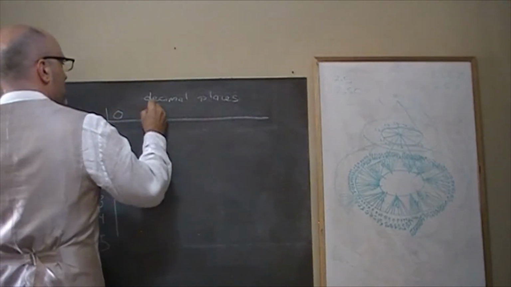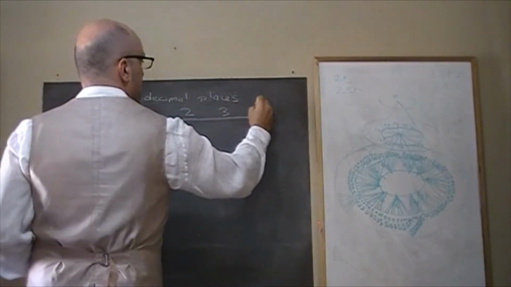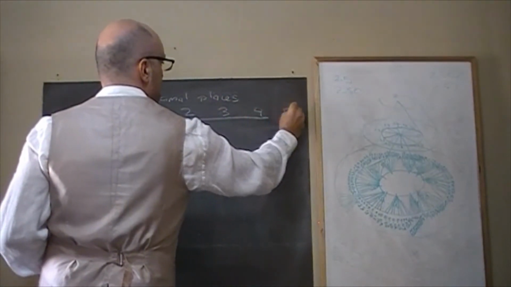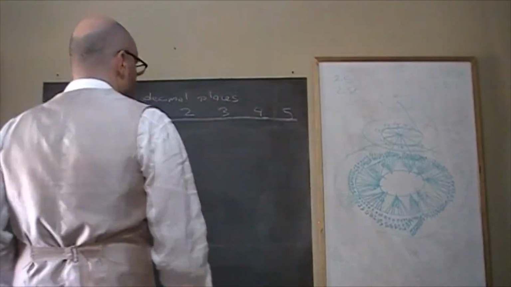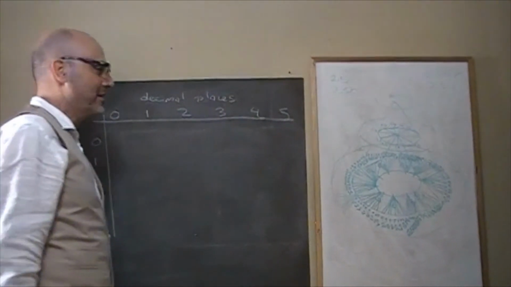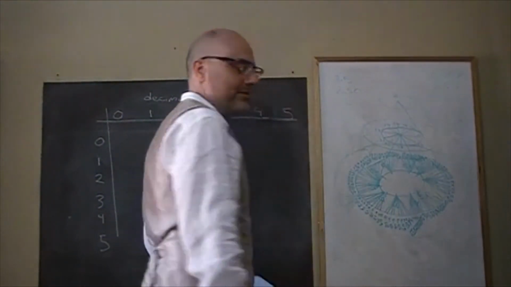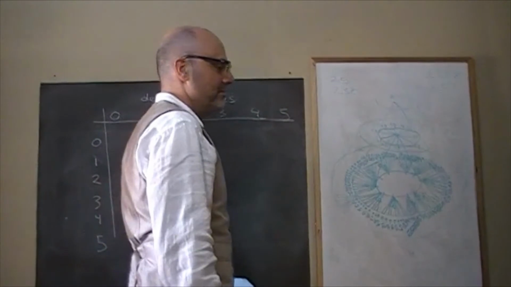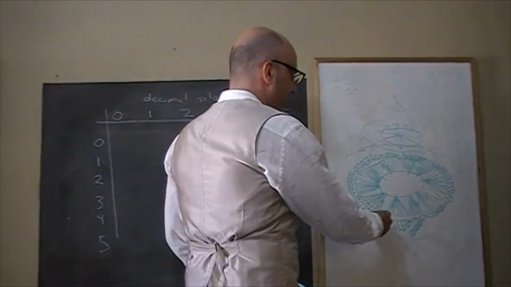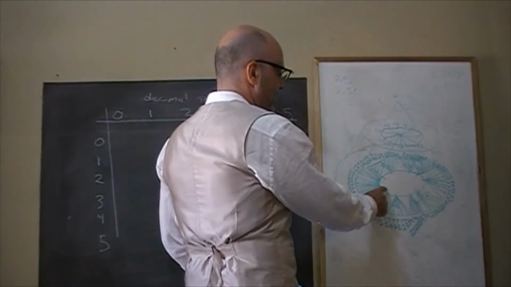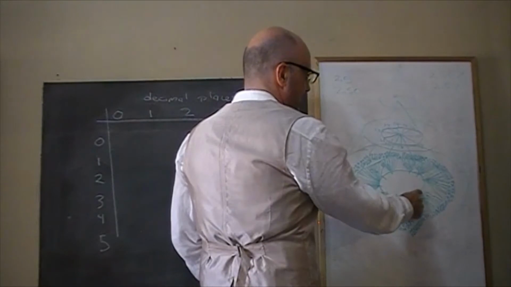So 0, 1, 2. So as you might be able to see from the diagram, there were 9 one-digit decimals of 0, excluding the number that ends in 0 after the decimal place. So 1, 2, 3, 4, 5, 6, 7, 8, 9.